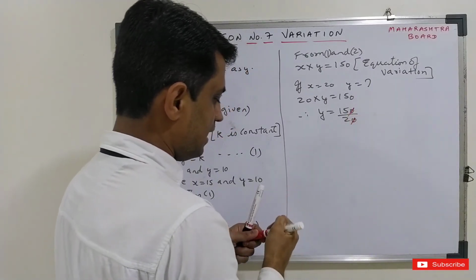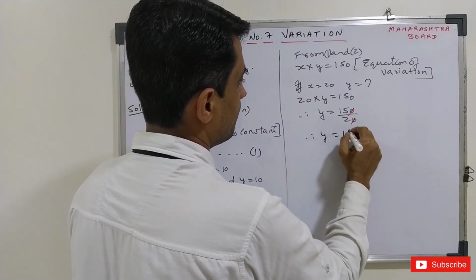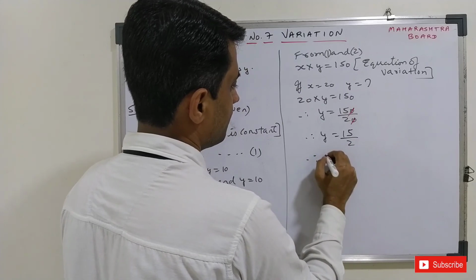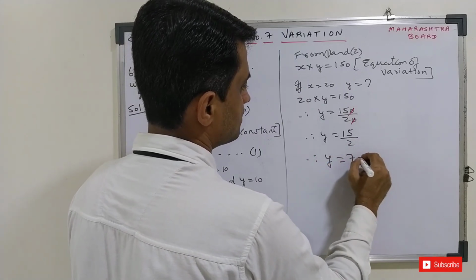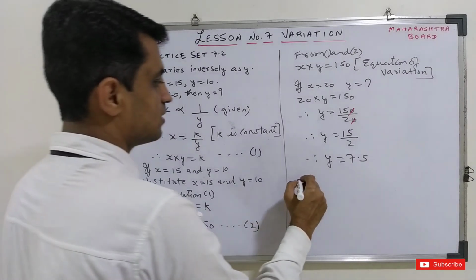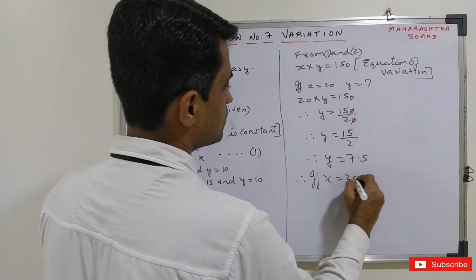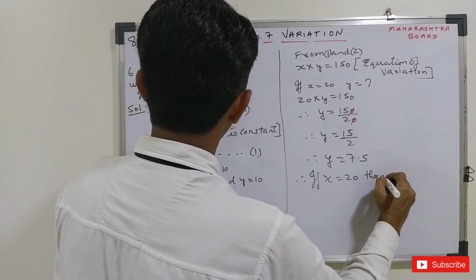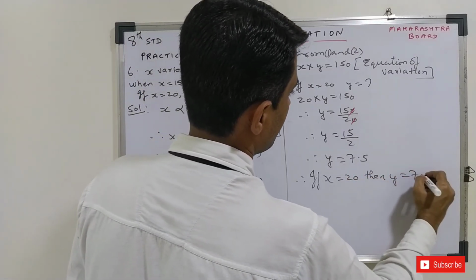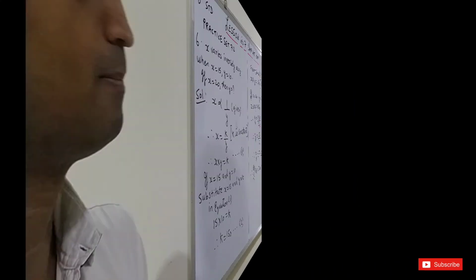So y is equal to 15 upon 2. What is 15 upon 2? 15 upon 2 means 7.5. So we got the y value. Therefore, if x is 20, then y is 7.5. Clear everybody?